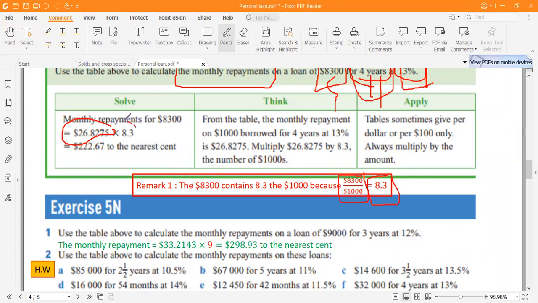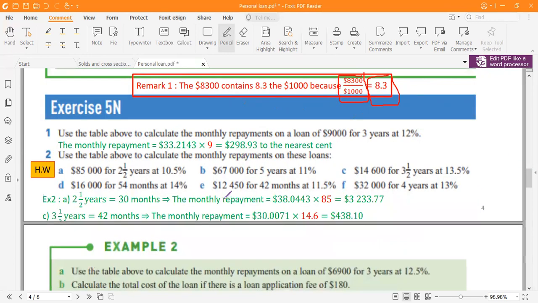So we multiply the monthly repayment by this coefficient, 8.3, to obtain the monthly repayment for the given amount borrowed. So we have 2,022.67 as the monthly repayment for $8,300 for 4 years at 13% interest rate.